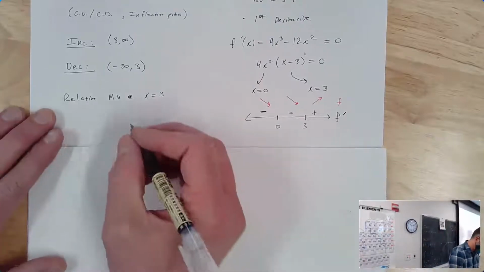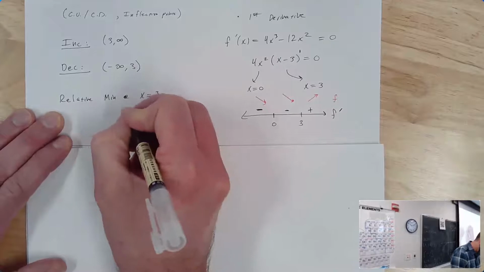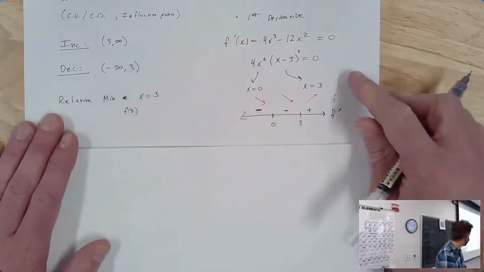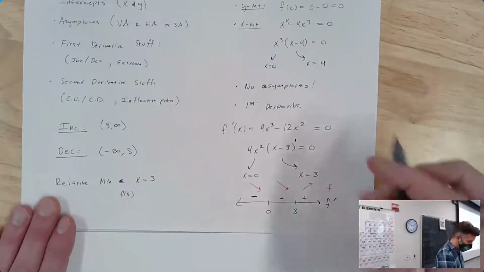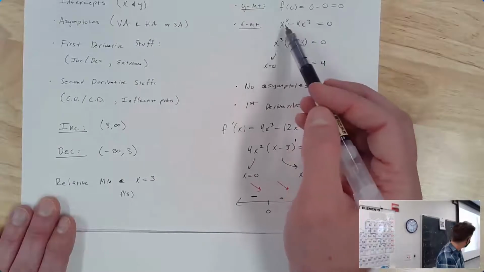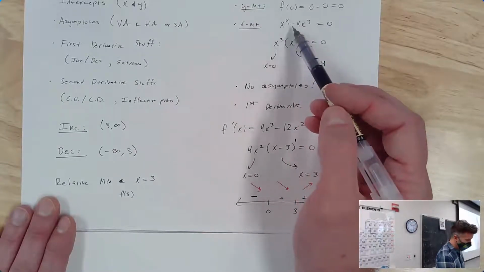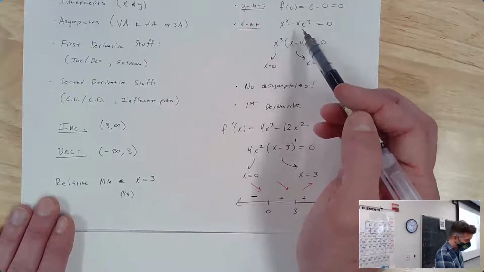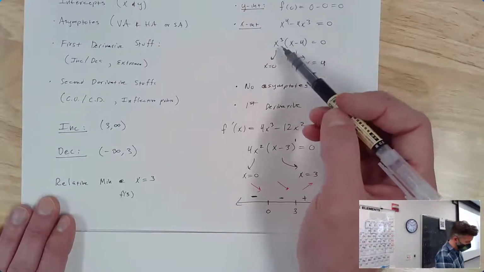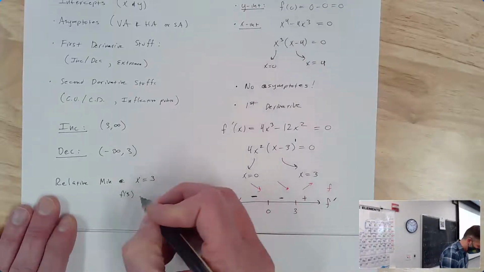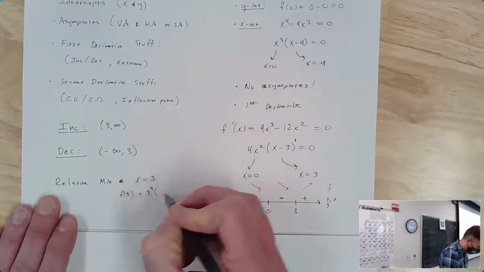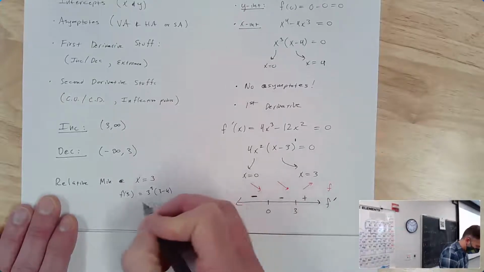So if I want to find f of 3, this is where it's really good to think about how you factored it. So f of 3, I could plug it into the original function and say it's 3 to the 4th minus 4 times 3 cubed. But it's a lot easier to plug it into the factored form. Say, oh, it's 3 cubed times 3 minus 4. That's much nicer to calculate. That's just going to be 27 times negative 1.